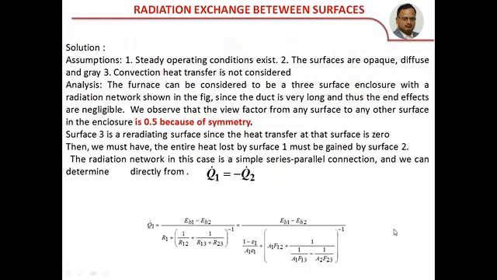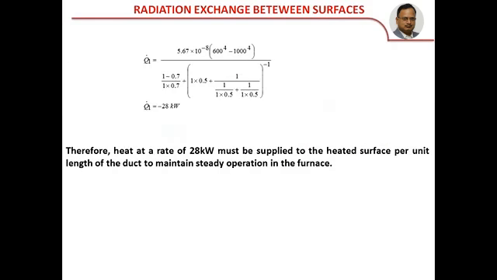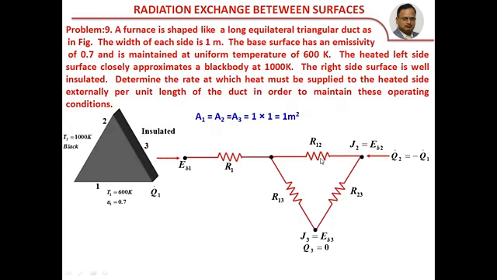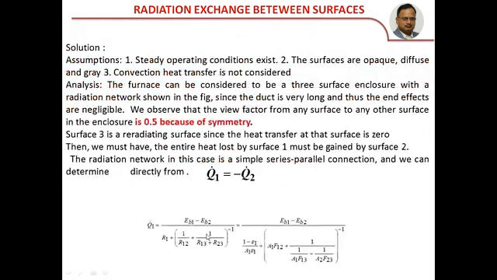Now the network analogy says the total heat transfer Q1 is equal to (EB1 minus EB2) by [R1 plus 1 by (1 by R12 plus 1 by (R13 plus R23))], where these two are in series, and the whole raised to the power minus 1.